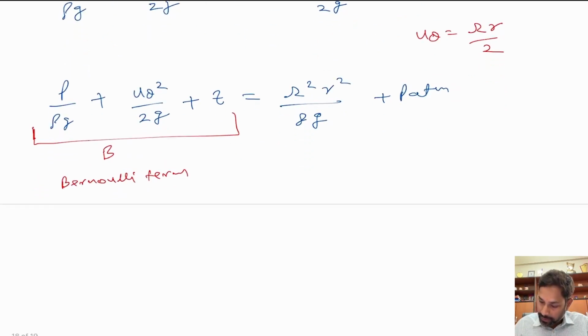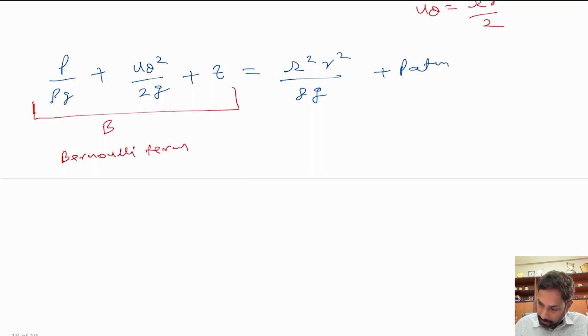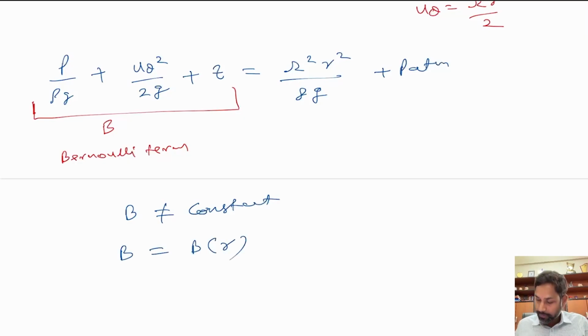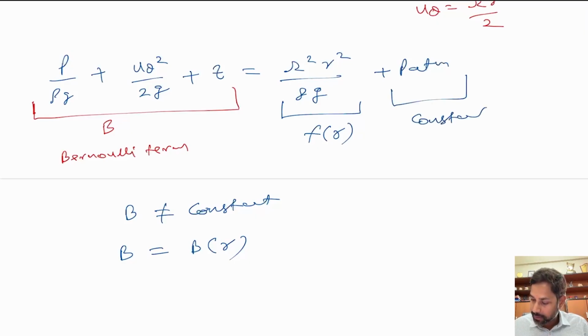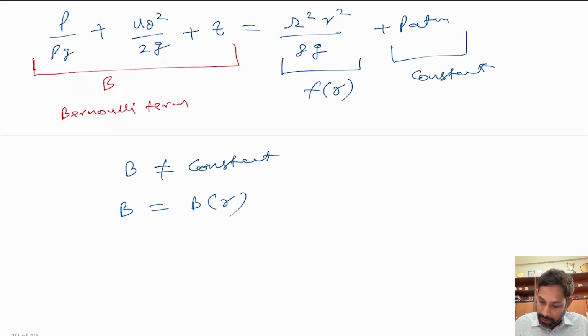and we see that b is not constant, rather b is a function of r, right? You can see this is a function of r. That actually means that this is a constant, whereas there is a radius term in the right hand side, so that's a function of r. That actually makes b a function of r.